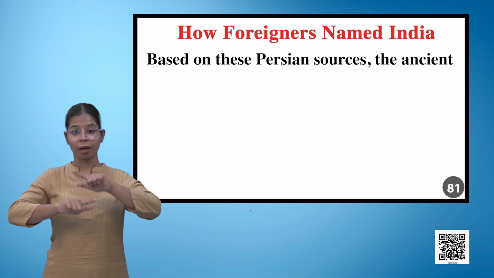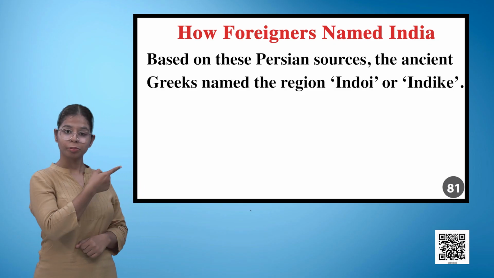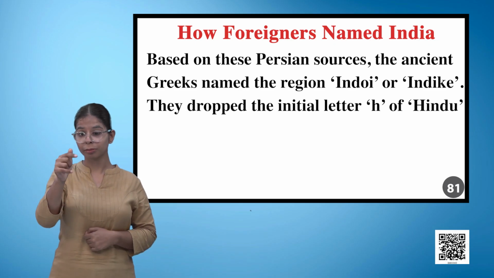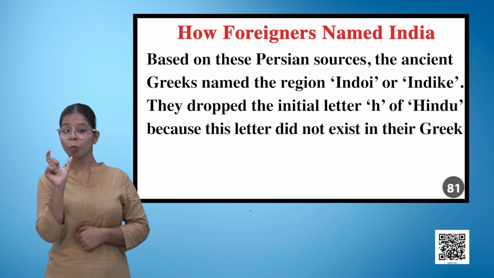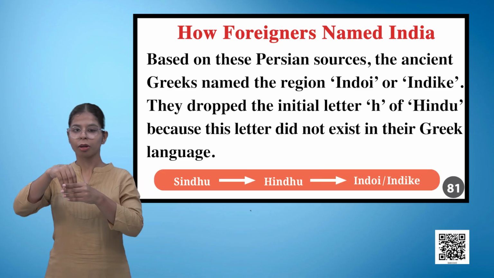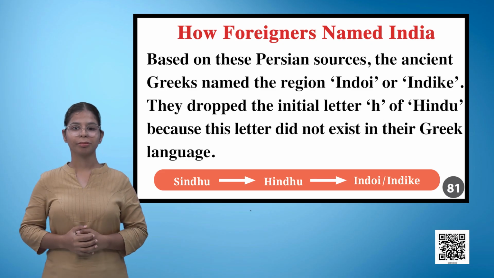Based on these Persian sources, the ancient Greeks named the region Indoi or Indique. They dropped the initial letter H of Hindu because this letter did not exist in their Greek language. So, Sindhu becomes Hindu, which becomes Indoi or Indique.